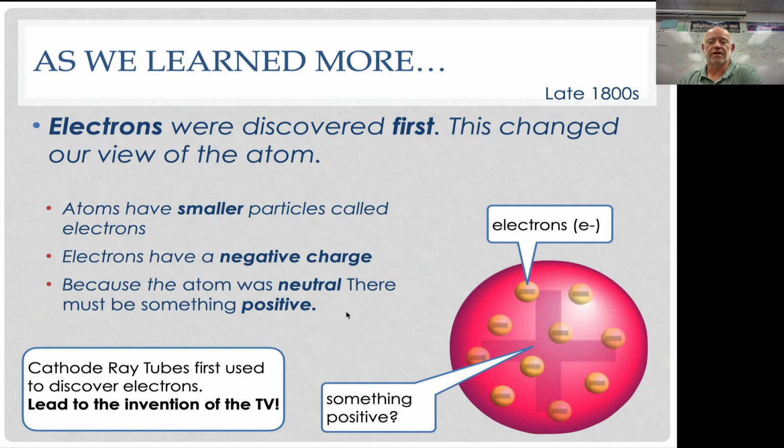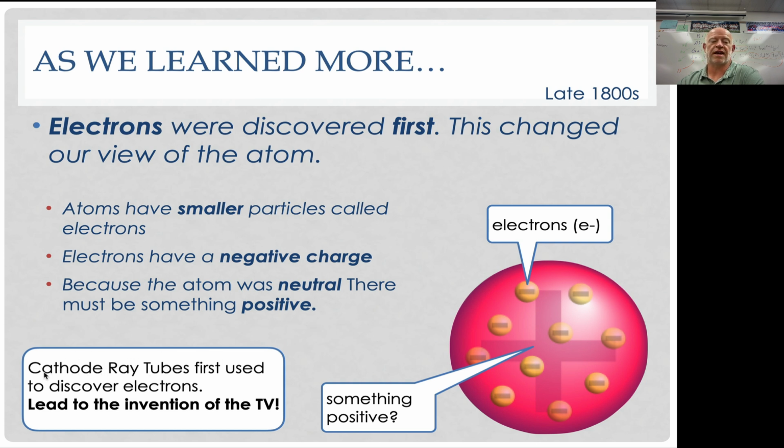Now, an interesting thing: when discovering the electron, the scientist, whose name was J.J. Thomson, used a device called a cathode ray tube. That was a way he could send electricity in and bend electrons. That cathode ray tube later became our first TVs.